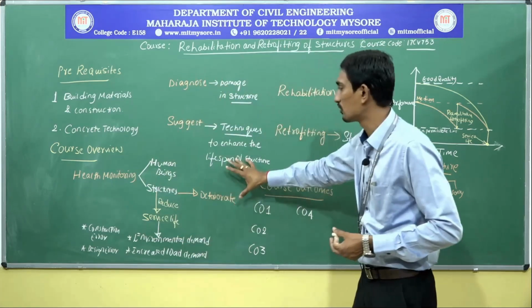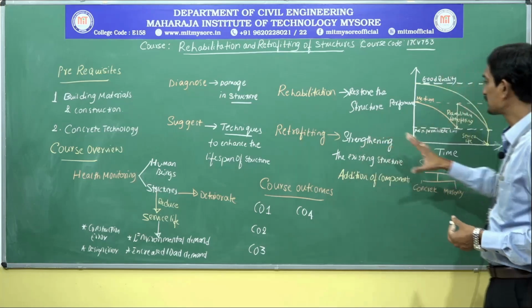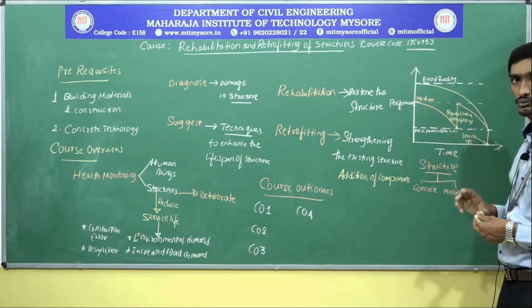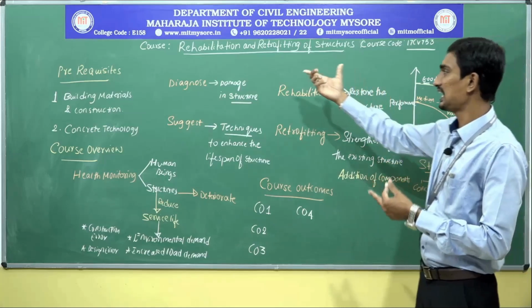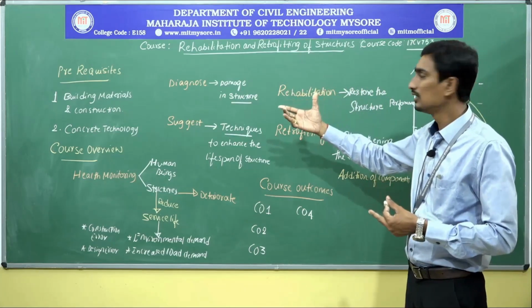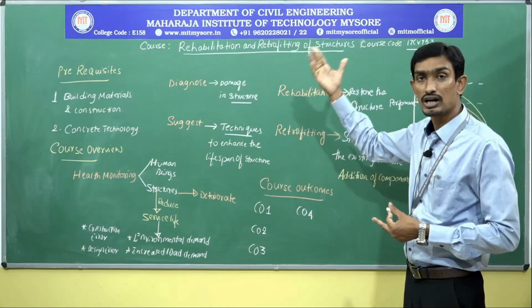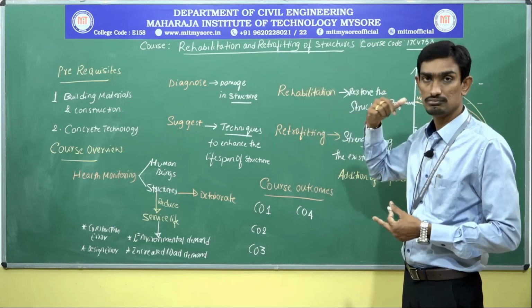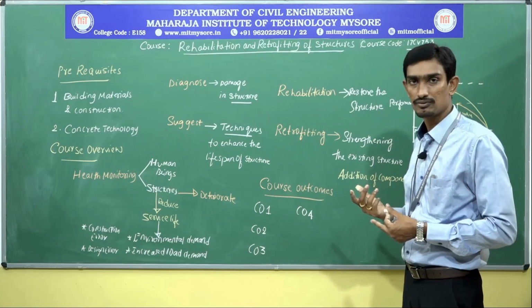Based upon this course overview, I have written the course outcomes and explained them pictorially too. So I can name the course something like rehabilitation and retrofitting of structures, or I can say structural health monitoring. Is it clear?